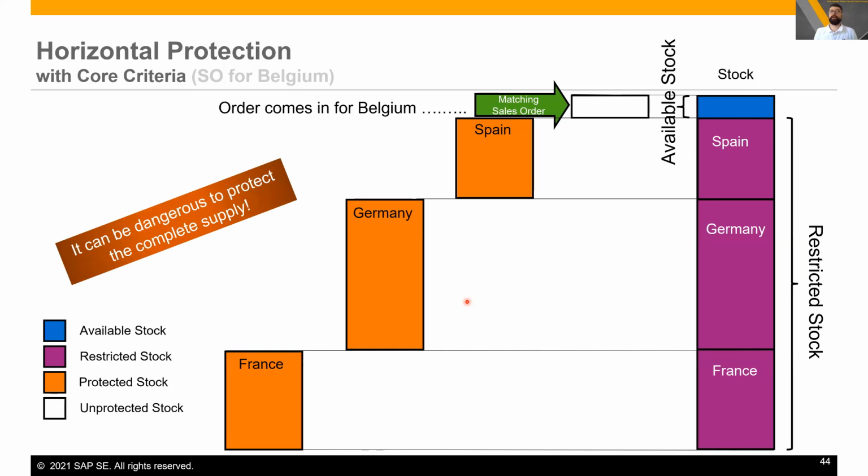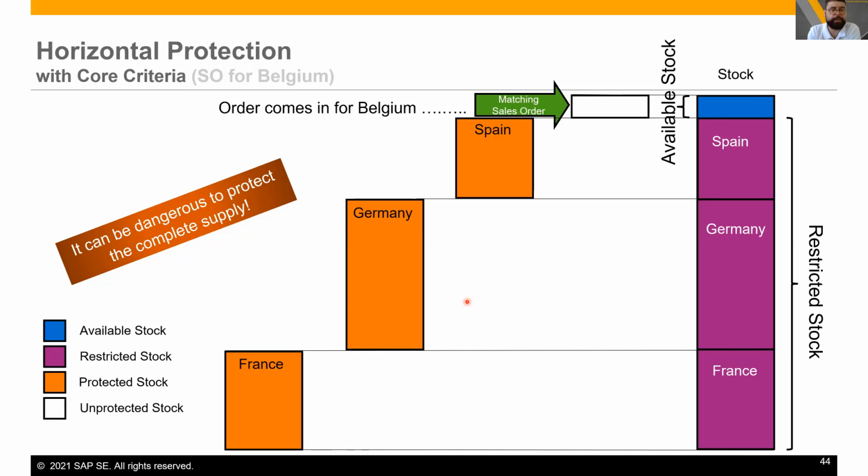And I just wanted to point out, if you use supply protection, then you should use it wisely and not protect the whole stock. Because this could lead to a situation where you actually have something on stock, but if you protect too much, then nobody can get a confirmation anymore.